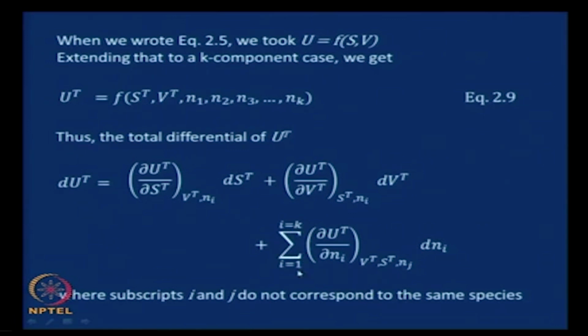So the summation of i equals 1 to k, ∂Ut/∂Ni at constant Vt, St and Nj times dNi. This is the total differential. This comes from the theorem in mathematics where you can represent the total differential by this particular form if it is an exact differential. We will call this equation 2.10.